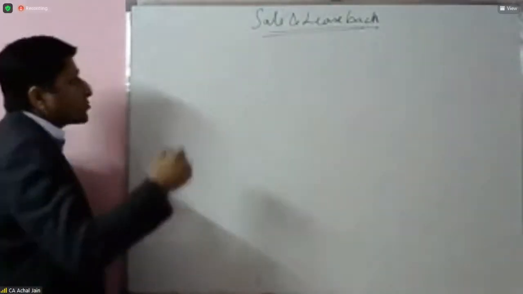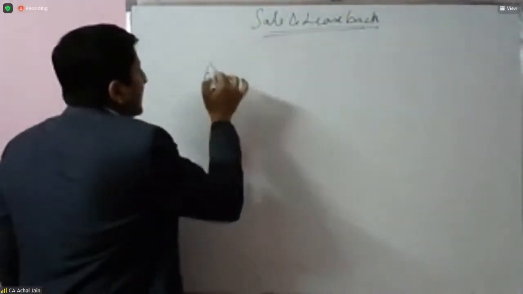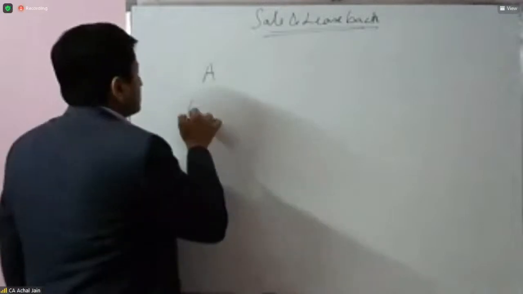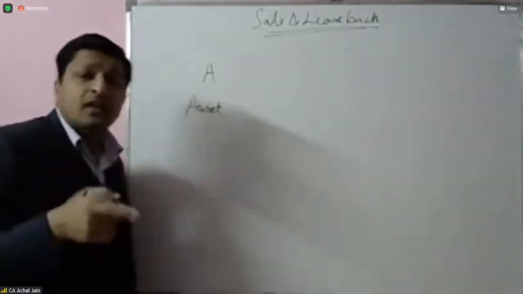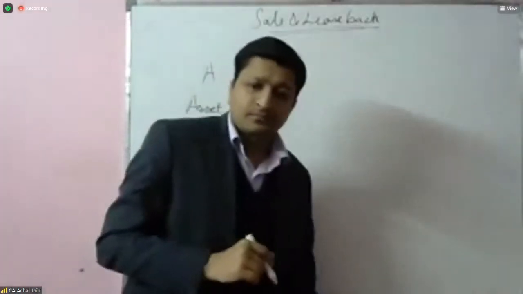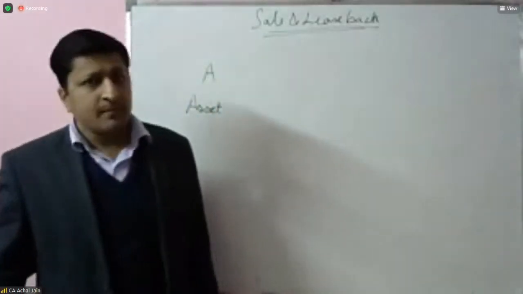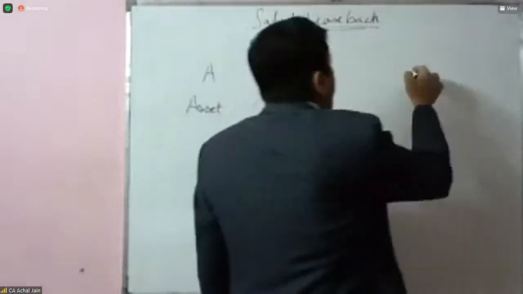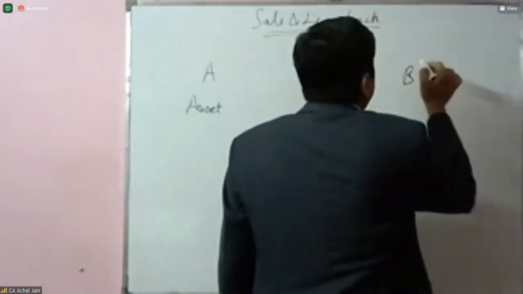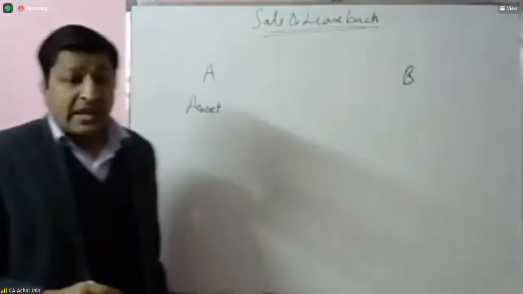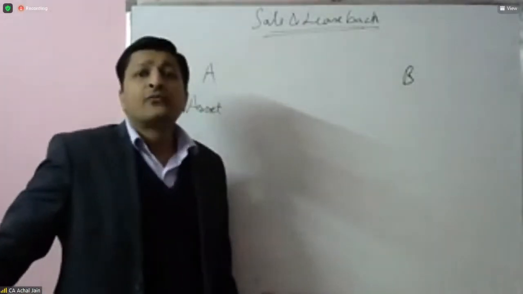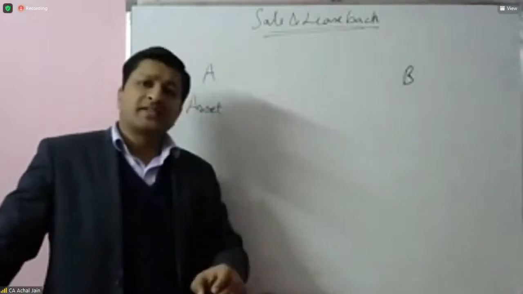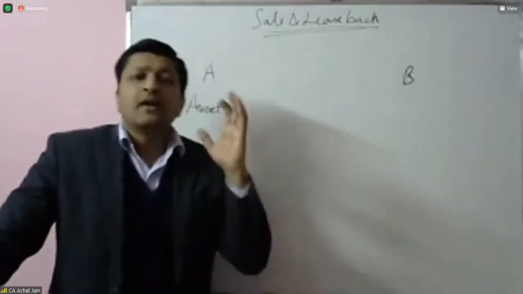Let's suppose A owns an asset. And A needs funds. A has the asset, but A doesn't have the funds.